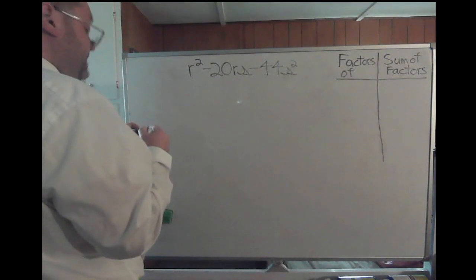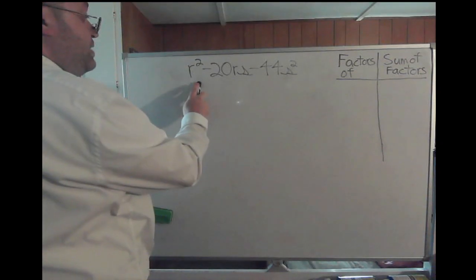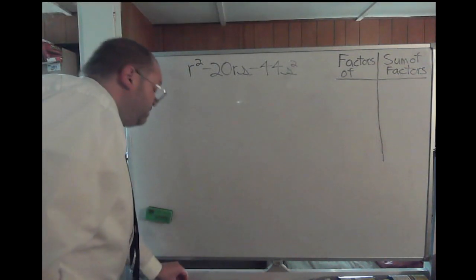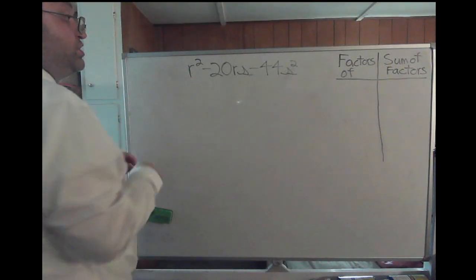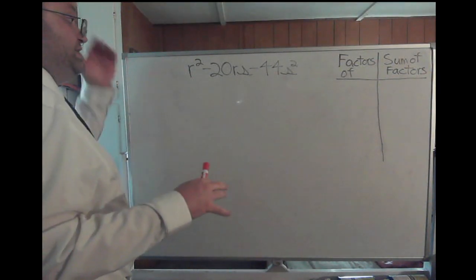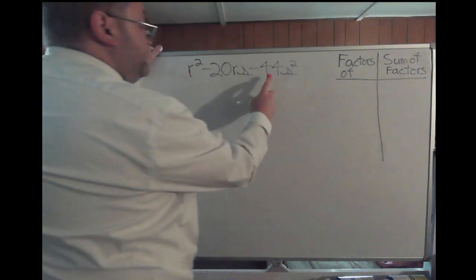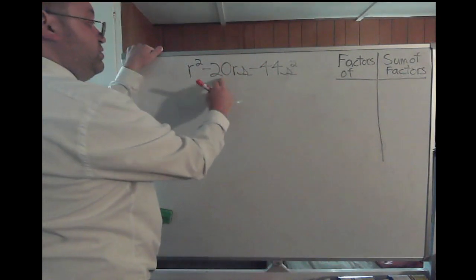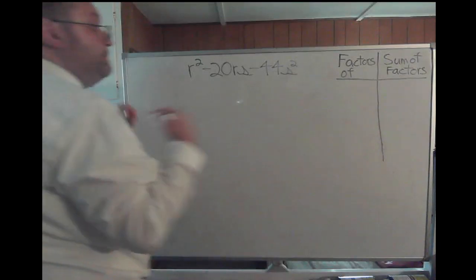Alright, so we got r squared minus 20RS minus 44S squared. Well, the coefficient on the r squared term is 1, so that's going to make life easy. Now we need to figure out what factors of negative 44 will give you the middle coefficient of negative 20.